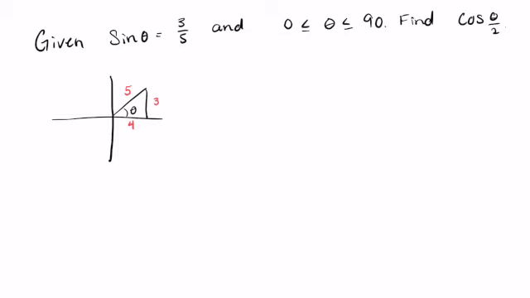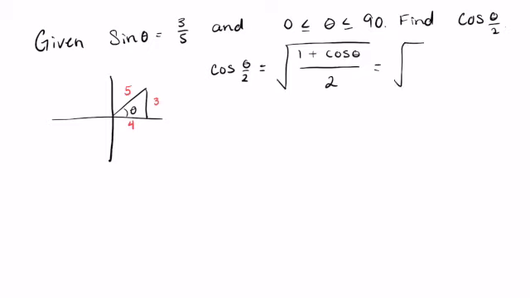And so now, if I want to find the half angle of cosine, I am going to utilize this formula here. So I have 1 plus the cosine of theta divided by 2. And we're going to plug in cosine into our problem.